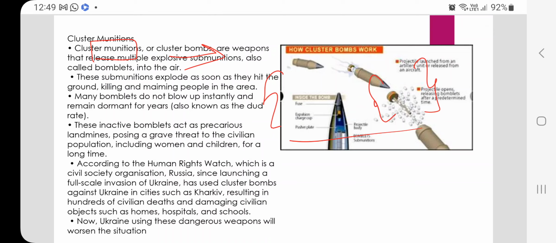This kind of usage of weapons is highly controversial, and it is considered illegal and highly controversial under international law.